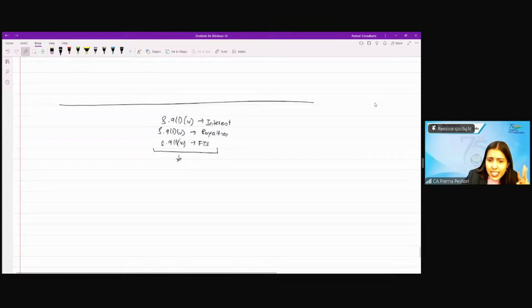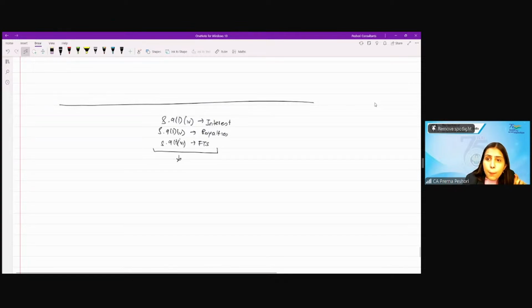For these three sections, the accrual concept remains the same. Now, what is the Act trying to say over here? Basically, the Act in all these three cases tries to link the accrual with the payer. It is dependent on the payer.